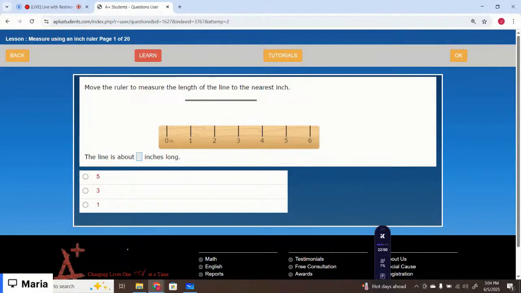So line up the left end of the line with zero and measure on the right hand. So I think that is 3 inches long. Option number two is the correct option. 3 inches long it is.